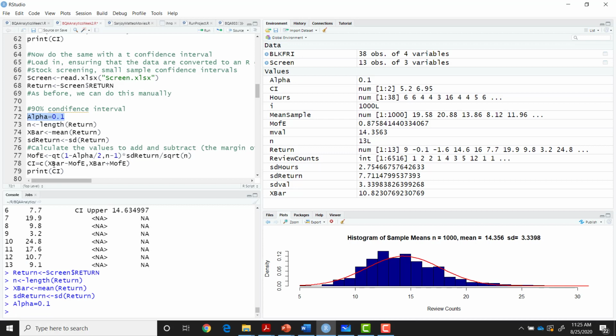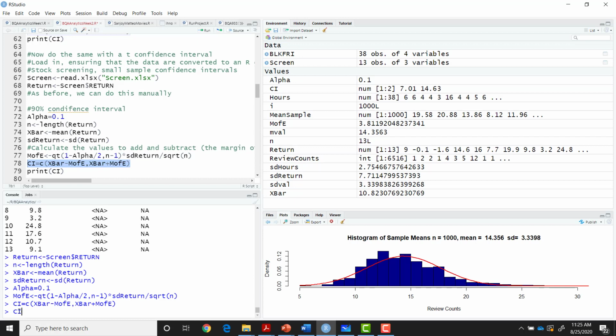The margin of error is the same as before, but instead of qnorm, we use qt, and you see we actually pass it the degrees of freedom, which is n minus 1. Exactly the same as normal, but we use qt instead of qnorm. And the confidence interval is you just subtract the margin of error and you add the margin of error.